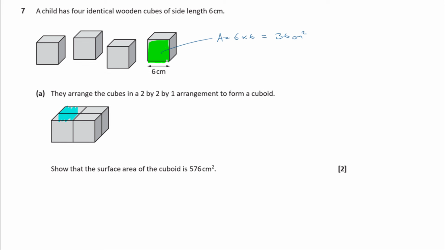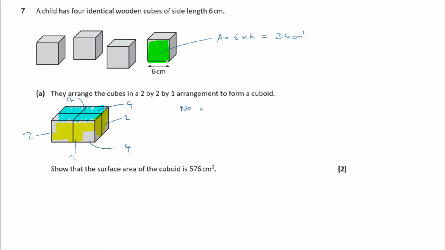Well, on the top of this we've got 4. So we've got 4 on the top. We're going to have matching 4 on the bottom as well, aren't we? And then we've got 2 on the side, 2 on the front, 2 on the side, and 2 on the back. So we've got 2, 2, 2, and 2 then, haven't we? So all together we've got 4, 8, 10, 12, 14, 16 faces.